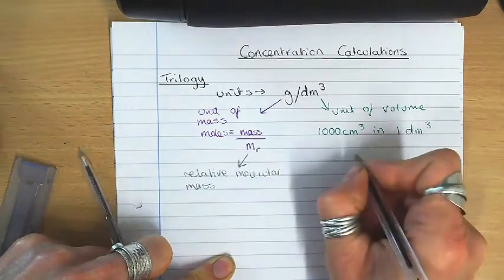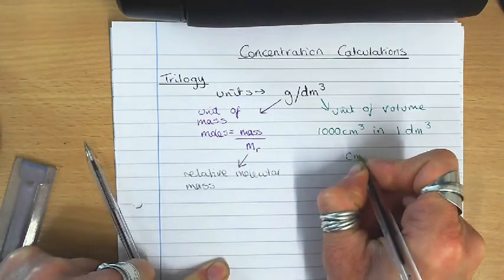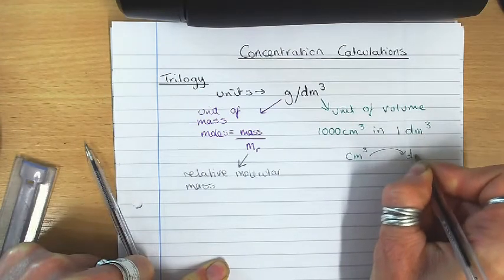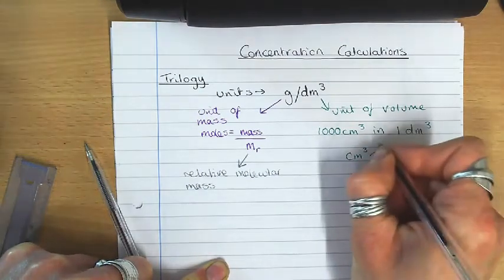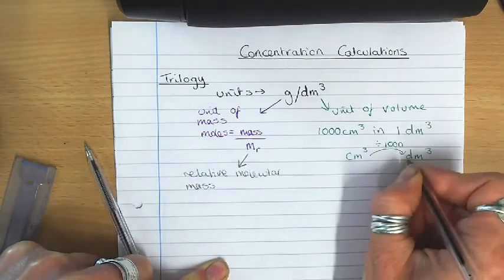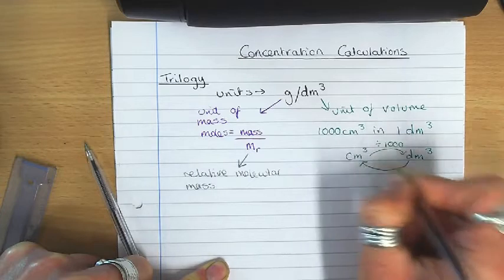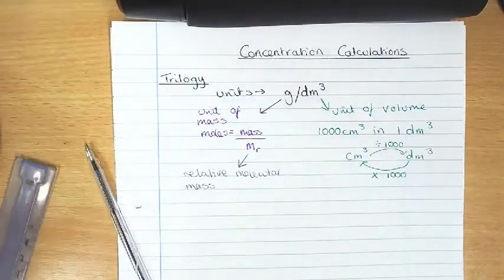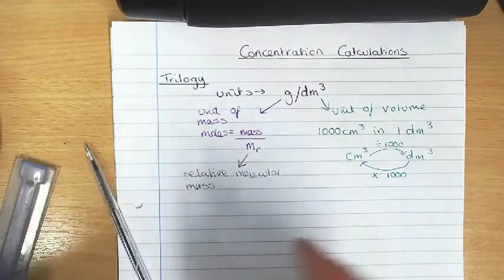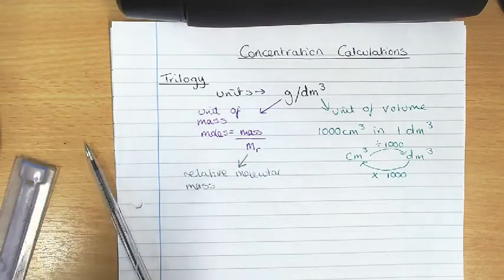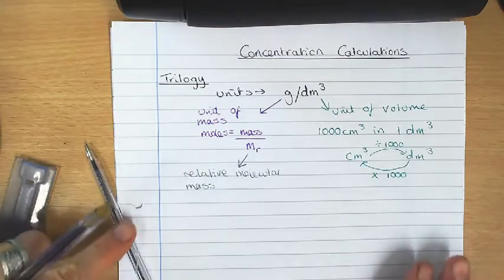So to convert from centimetres cubed to decimeters cubed, you have to divide by 1,000, and if you have to convert the other way round, you multiply by 1,000. It's really important that you actually do that conversion, because otherwise you won't get your answer correct.